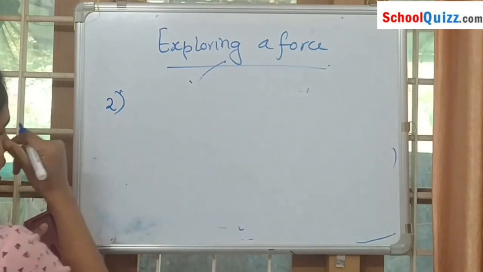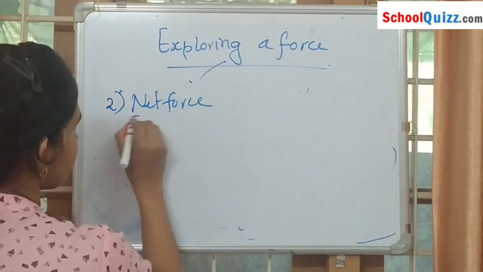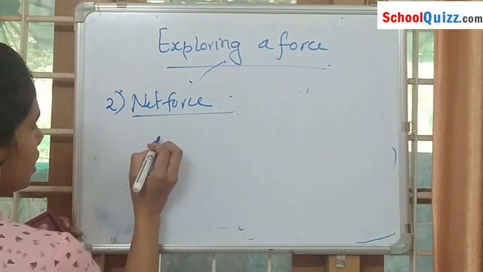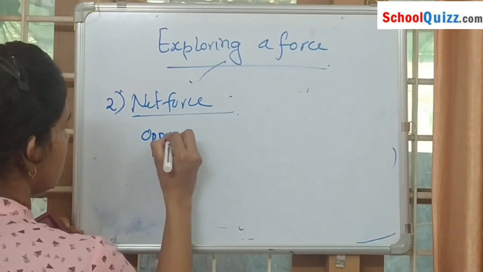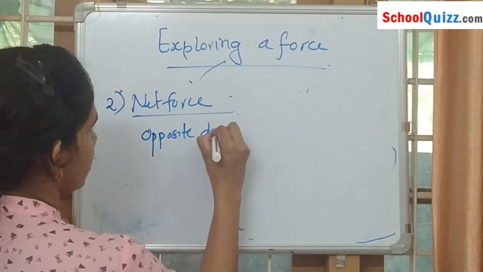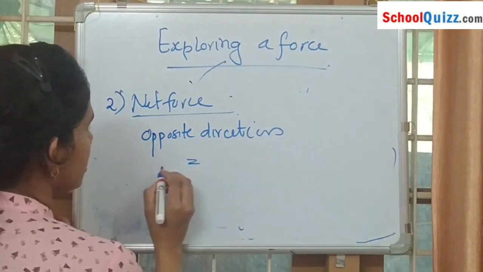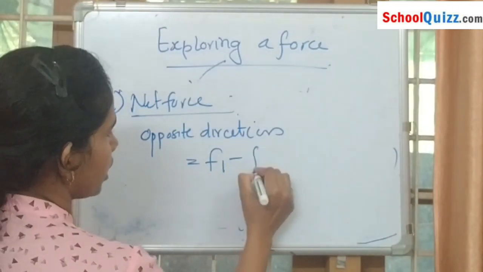So what is the second case? In second case, forces are applied in opposite direction. Net force will be the difference between forces, F1 minus F2.